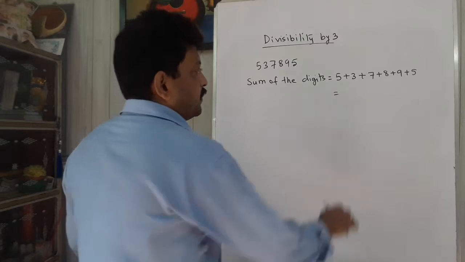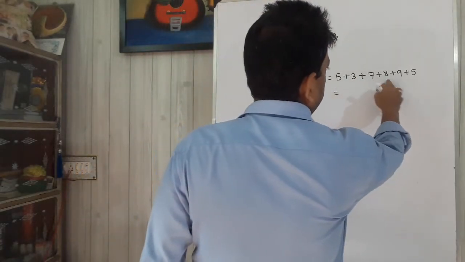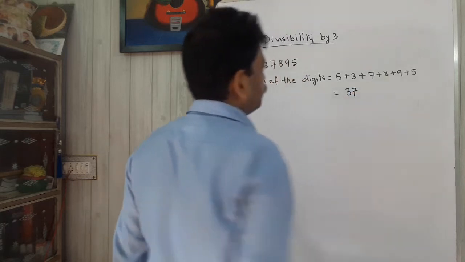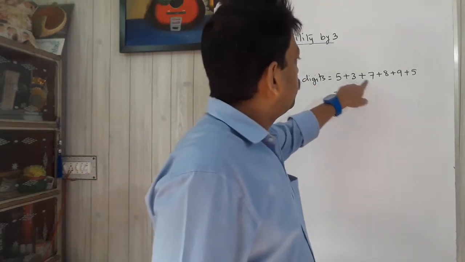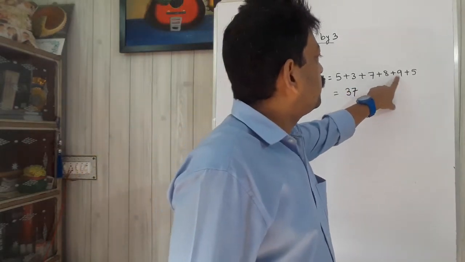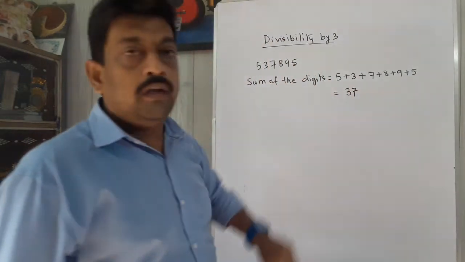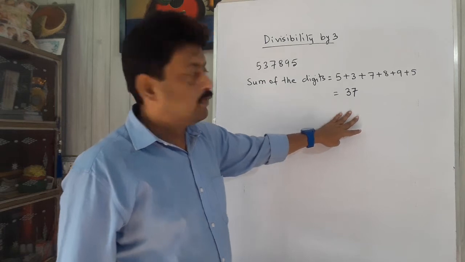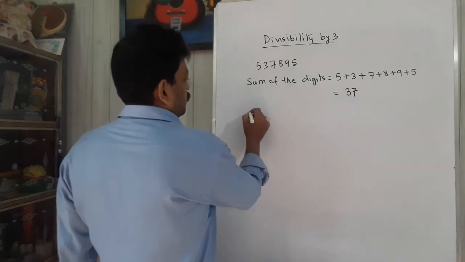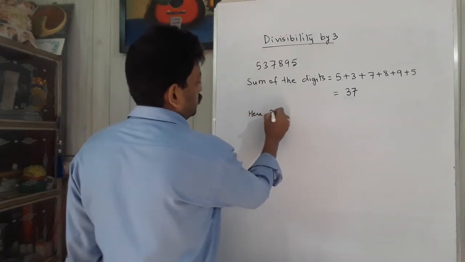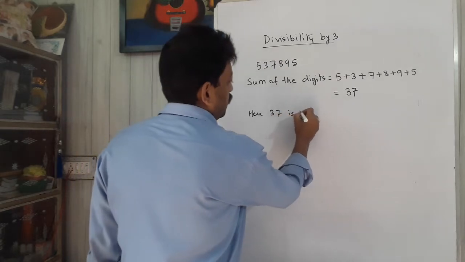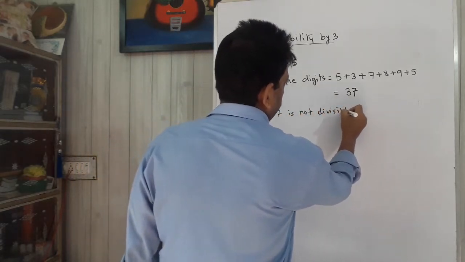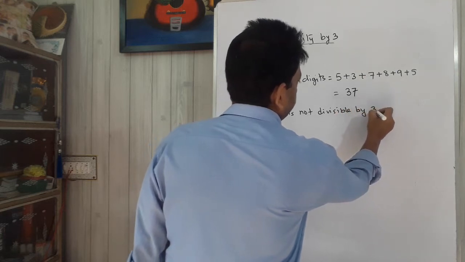Okay, so first let me find the sum. 8, 15, 23, 32, 37. Now see here, 37 is not divisible by 3.